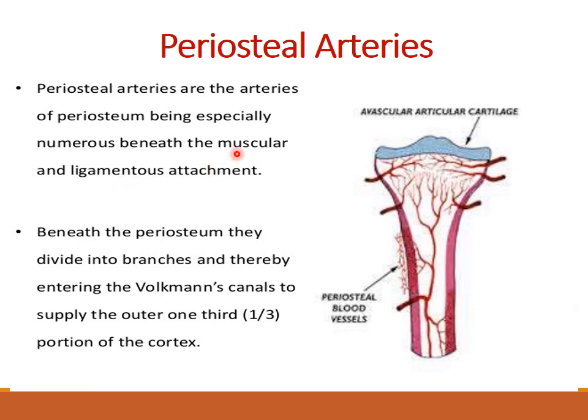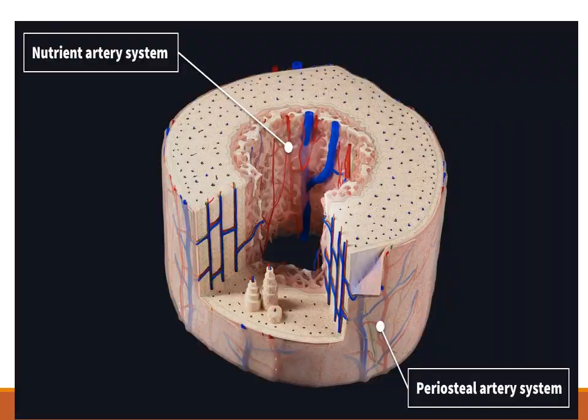That's why these are the major arteries supplying the muscle attached to that bone, giving periosteal arteries to that bone. Then these arteries divide into branches entering into Volkmann's canal, as you have seen in the previous picture, and supply the outer 1/3 of the bony cortex. So I hope it's clear to you now.